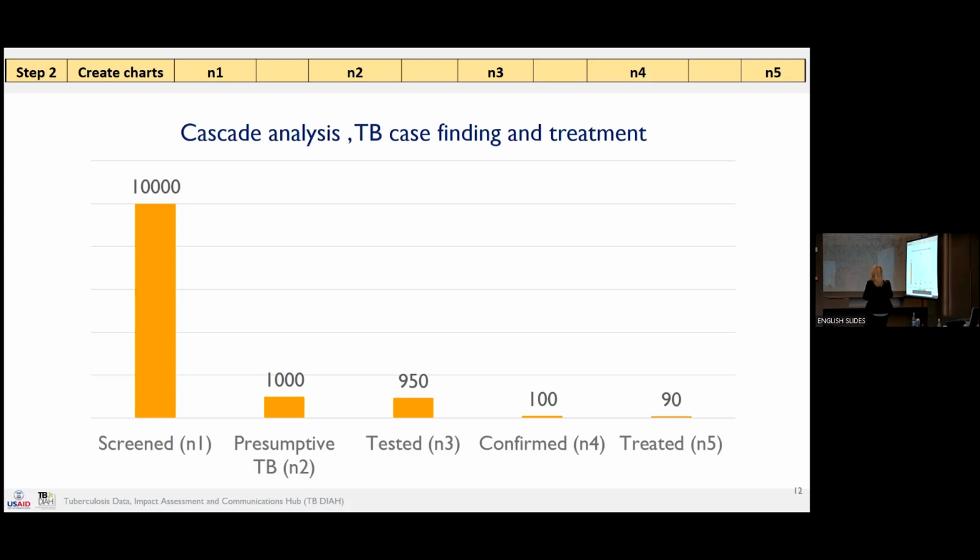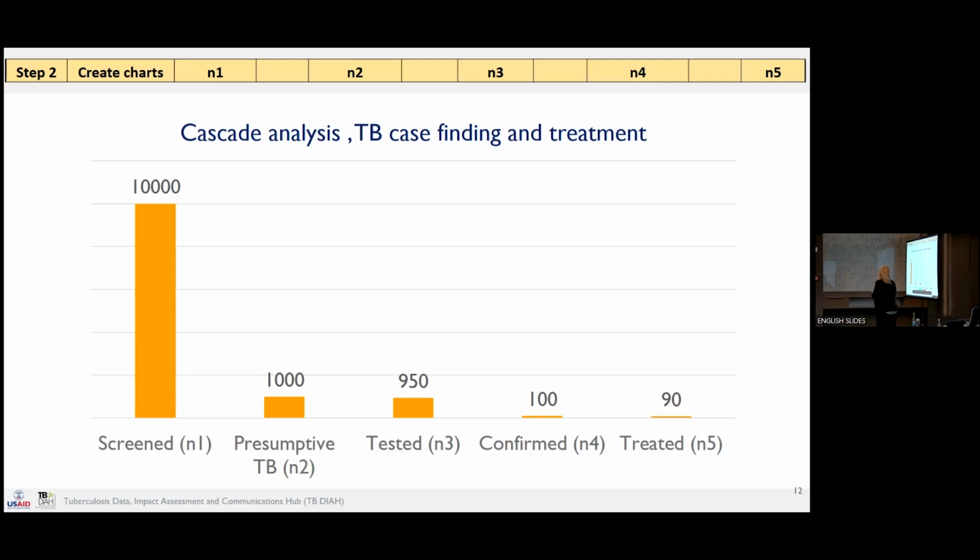Because they definitely indicate the gaps. So if we say that the coverage with the new molecular methods should be 100%, that all presumptive cases should go through the diagnostics with GeneXpert, then it's less and less, right?